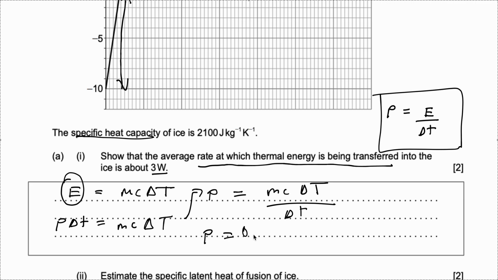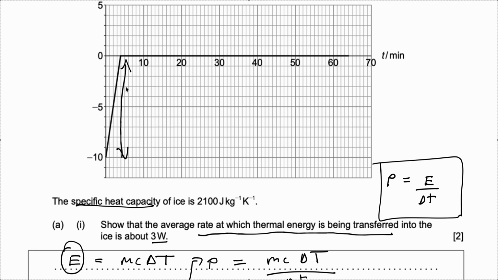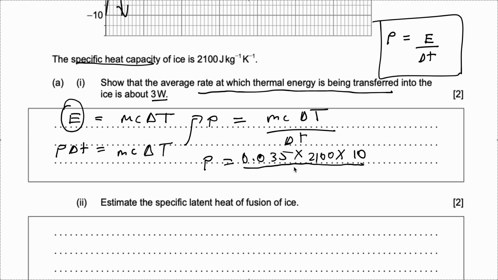So it's 0.035 times 2100 times delta T, which is just 10. It doesn't matter if it's Kelvin or Celsius, because the change is the same for both units. And the change in time in which this thermal energy transfer occurs is from 0 to 4 minutes, so in seconds, 240 seconds.